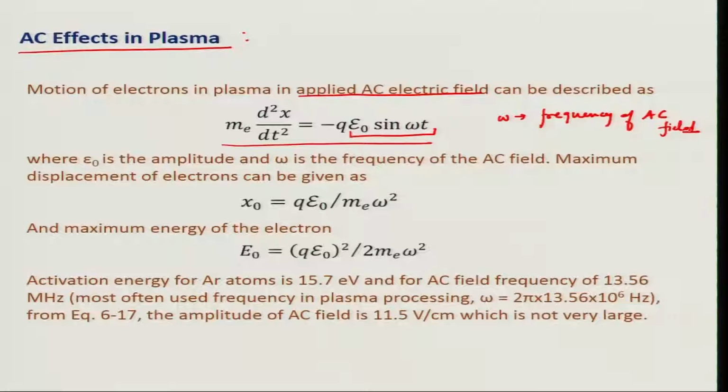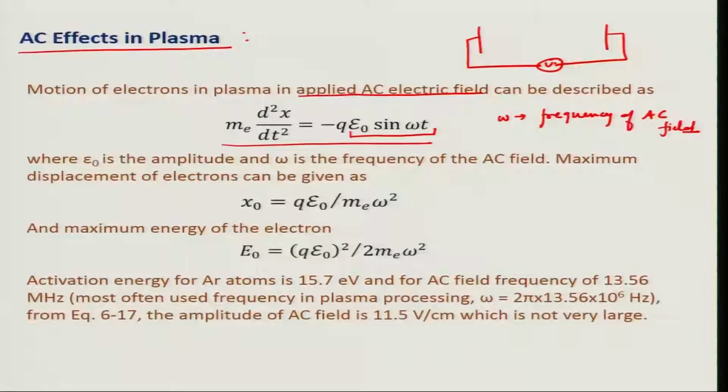Suppose I have an AC field between two electrodes. Let me make a schematic here. These are two electrodes, between which I have applied an AC field. I cannot define either of these electrodes as anode or cathode, because in half a cycle one electrode will be anode, and in the other half the other electrode will be anode.